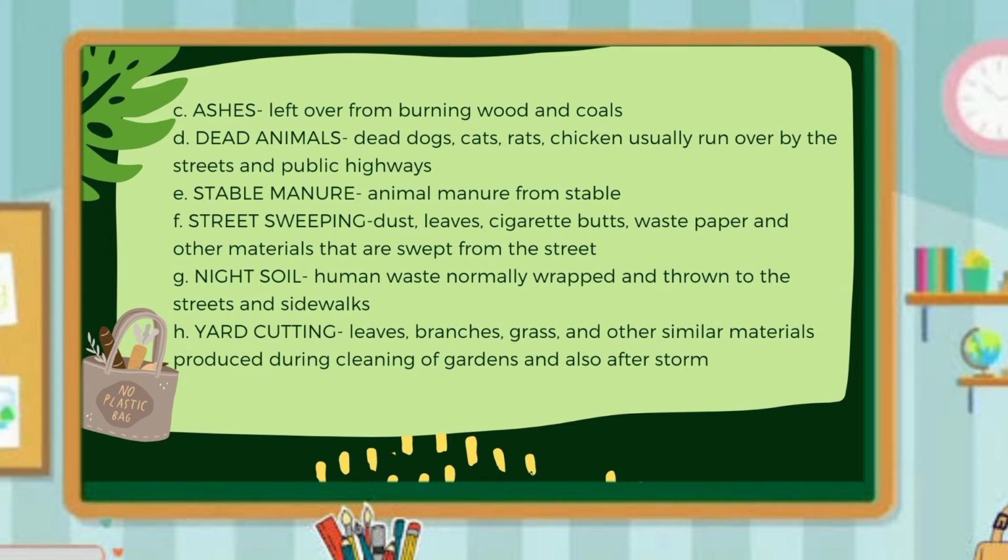Street sweeping like dust, leaves, cigarette butts, waste paper, and other material that are swept from the street. Night soil: it is a human waste normally wrapped and thrown to the street and sidewalks. Yard cutting, such as leaves, branches, grass, and similar material produced during cleaning of gardens and after storm.